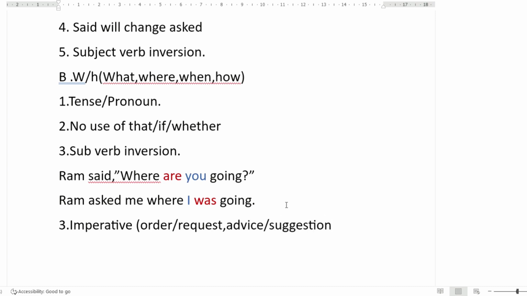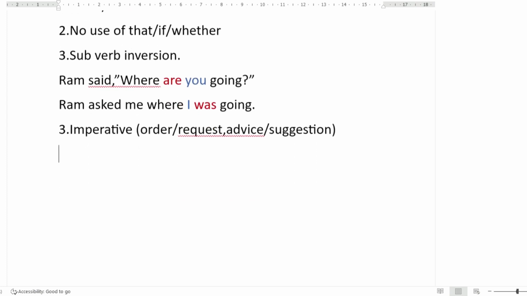Let's see how we change direct speech to indirect speech in this type of sentence, like Ram said to me, get up. In these sentences, we have to get the feel of what Ram is actually doing. Ram is ordering me.